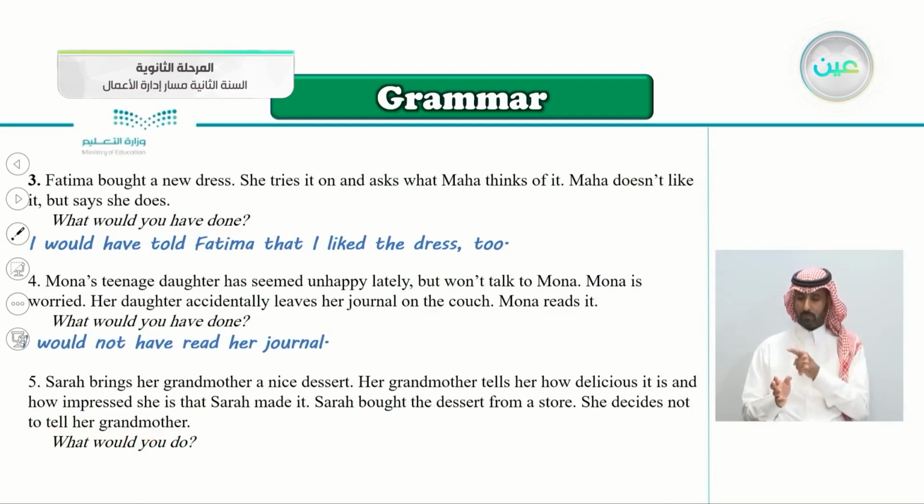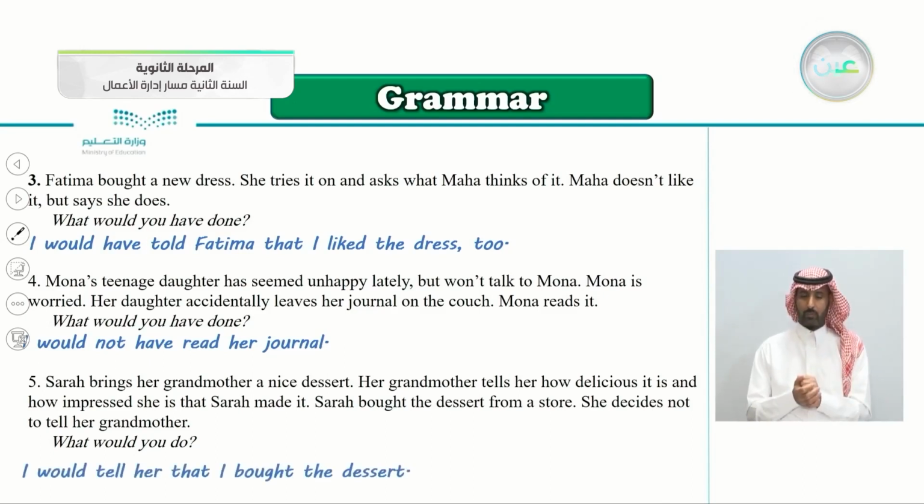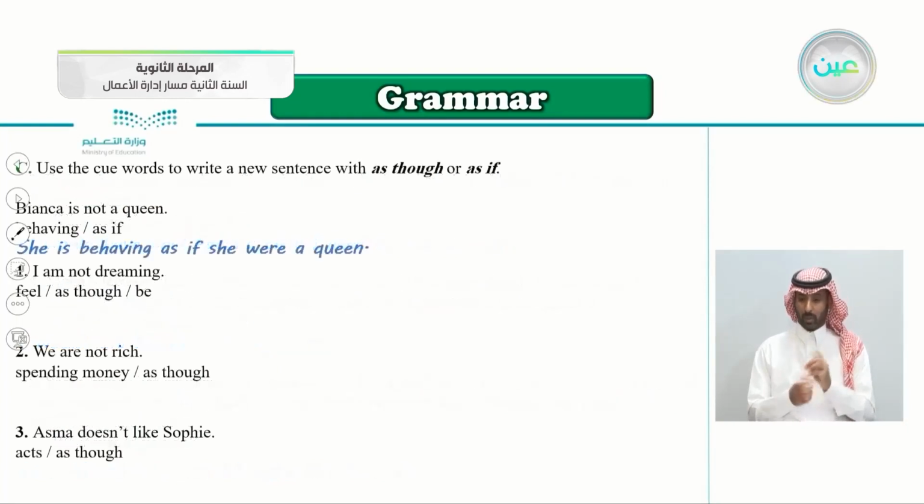So her grandmother thinks that Sarah made the dessert, but in reality, Sarah bought it from a store. What would you do if you're in Sarah's place? Would you tell the grandmother, no, I bought it, or would you just go with it? So I would tell her that I bought the dessert. Of course, this is the moral and ethical way to go, is to tell the truth.